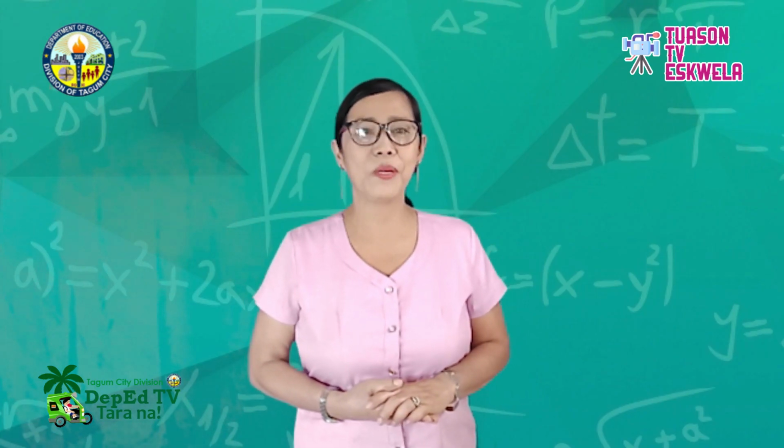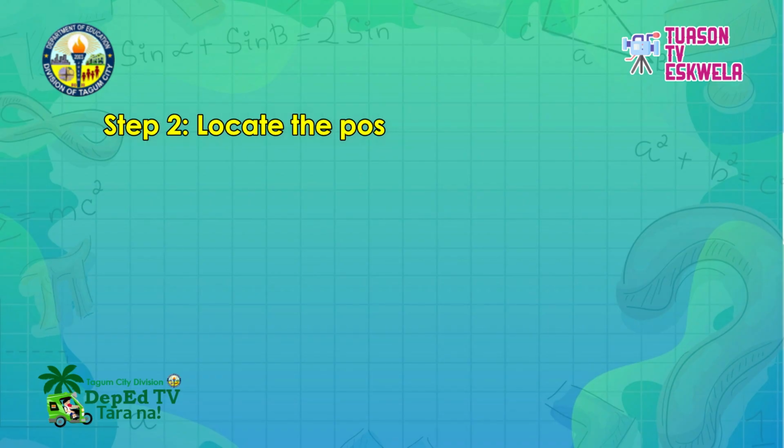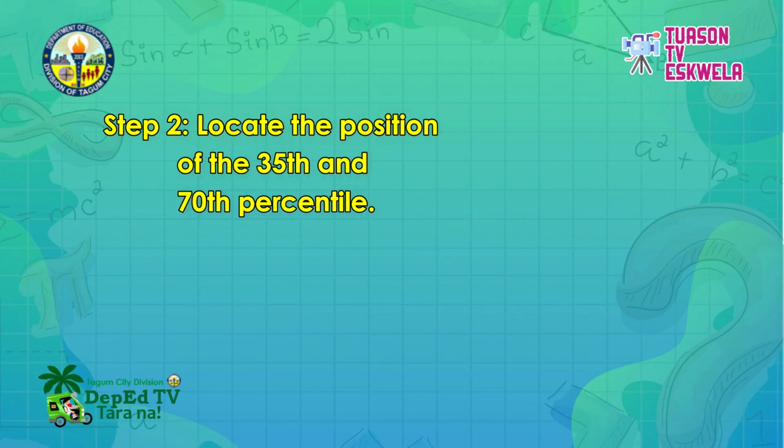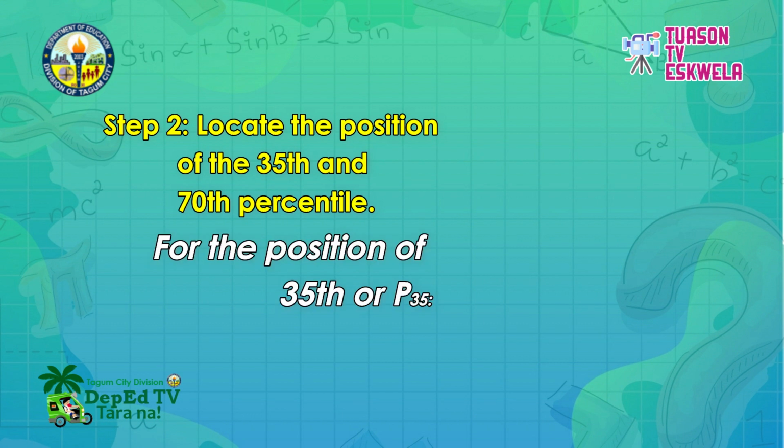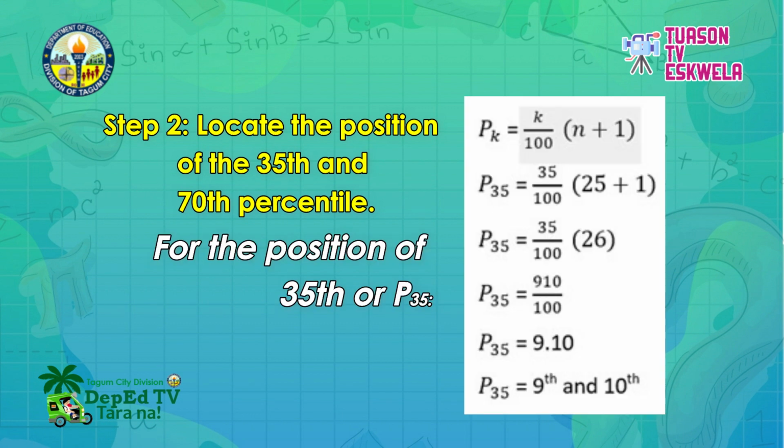Let us move to step number 2. The L. Locate the position of the 35th and the 70th percentile. The position of the 35th or the P sub 35 is equals to k over 100 times n plus 1, equals 35 over 100 times 25 plus 1, is equals to 35 over 100 times 26.